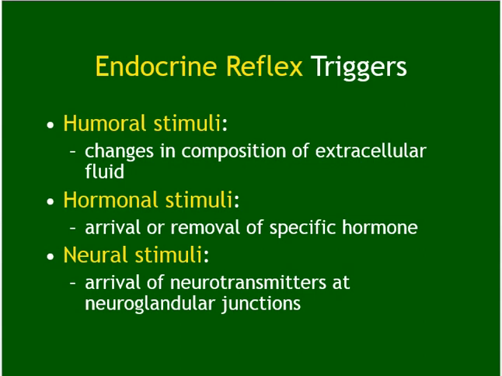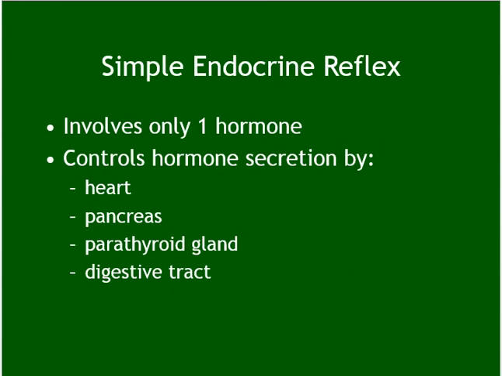Actually, the nervous system can have effects integrating with the endocrine system, which is called the neuroglandular junction. Neuro means the nervous system, and glandular is the endocrine system. So the nerves can actually send stimuli to control the endocrine system.